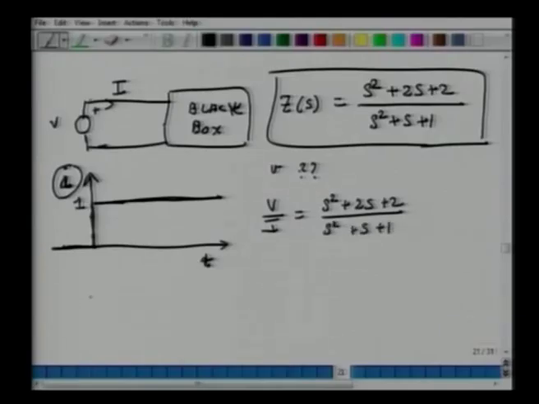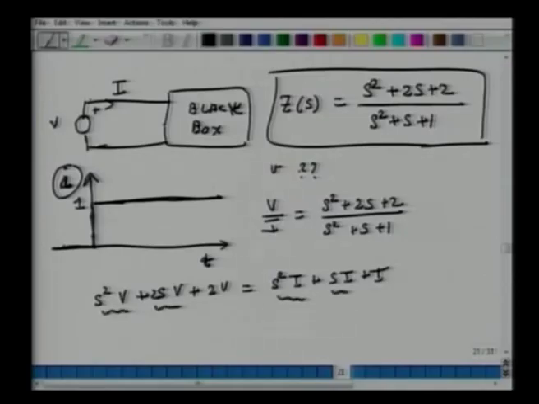Now I expand this, and I get S square V plus 2S V plus 2V equals S square I plus S I plus I. Now these terms relate to derivatives of current and voltage, second derivatives and first derivatives.